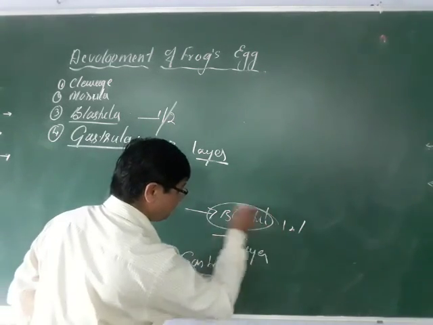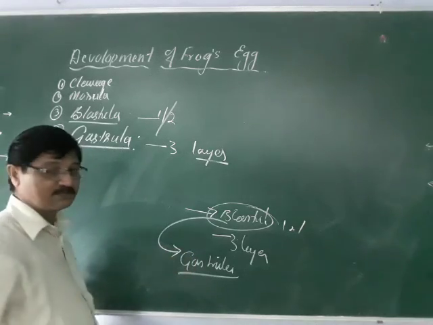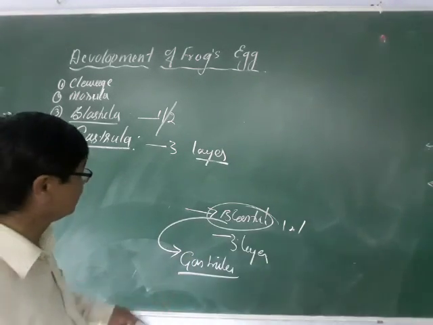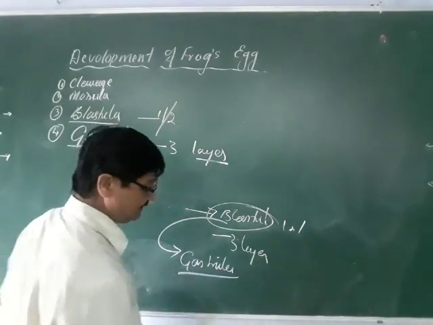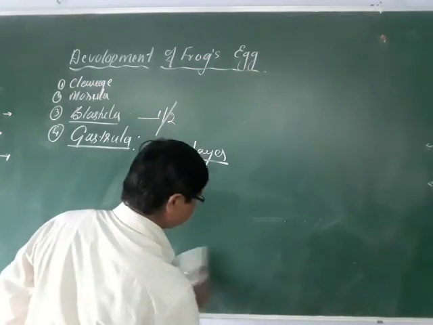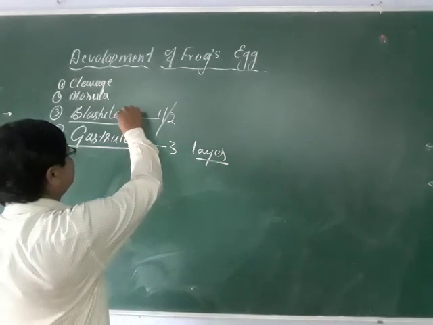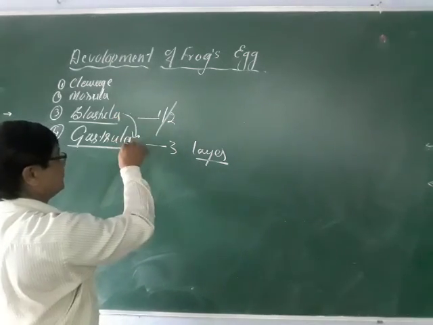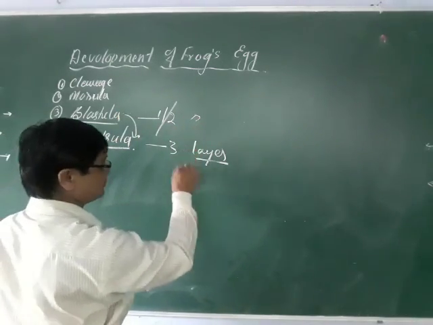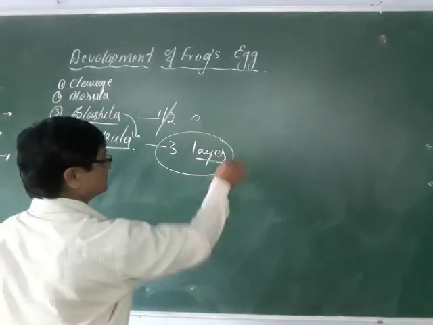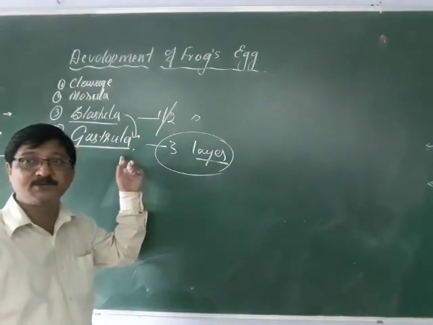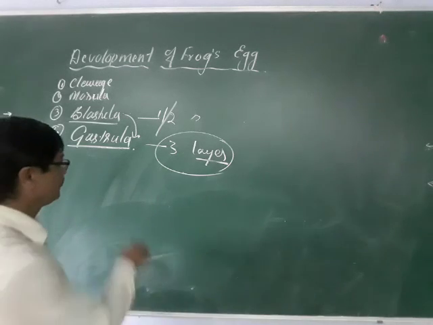So displacement of blastula results in gastrula, and the blastocele will be converted into the gastrocele, resulting in three layers. And this will be carried out by means of the three morphogenetic movements.